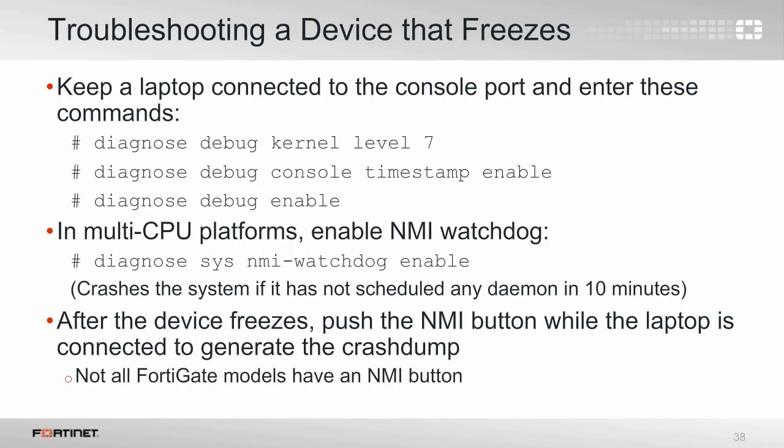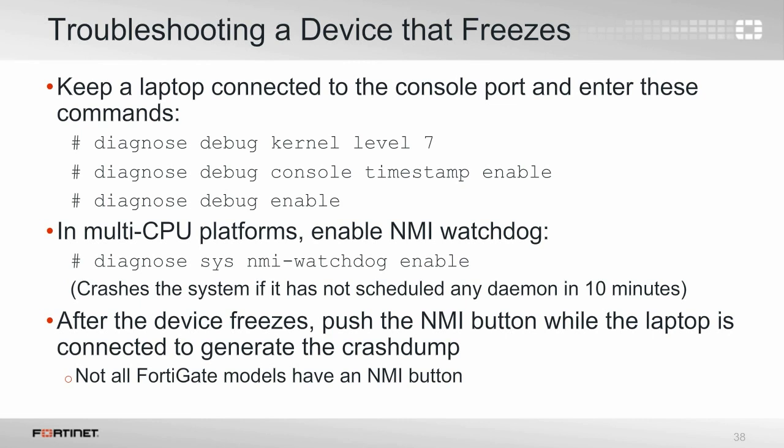We say that a FortiGate freezes when it stops handling traffic, and there's no way to connect to it. You can't even access its console port. Only power cycling fixes the issue. For those cases, you could capture any crash dump in the console port. Additionally, and in the case of models with more than one CPU, you can enable the NMI watchdog feature, which automatically crashes the system and forces the crash dump when no new daemons have been scheduled in the last 10 minutes.